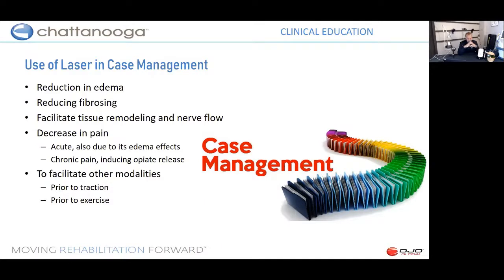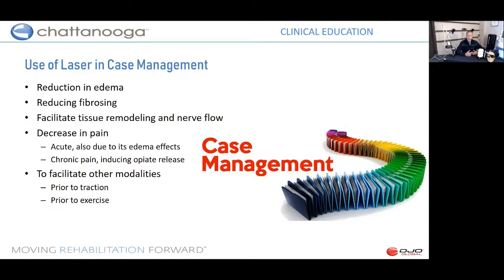So that's why we see some overlap, and I don't want to get hung up on, okay, I use laser to reduce edema, when I already have other options for that. Hopefully what I'll outline is why this might be a better option in certain cases: reducing fibrosing, remodeling of tissue and nerve flow, decrease pain, right?